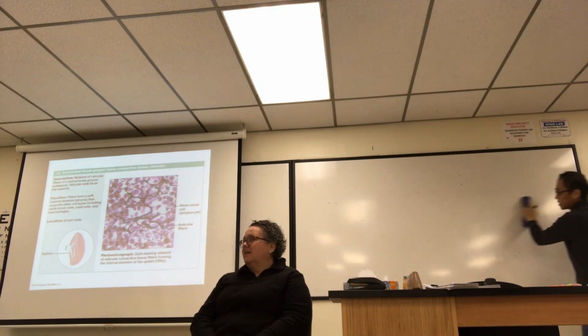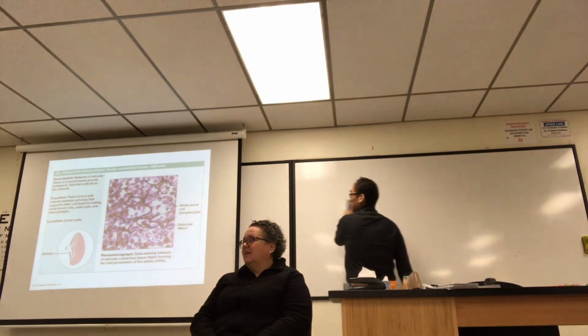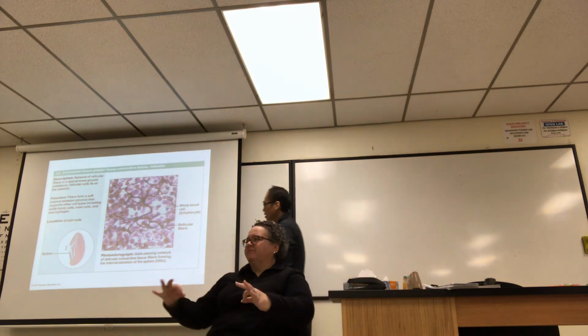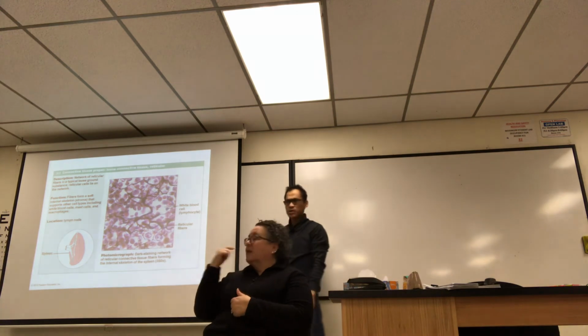All right, this loose CT is a reticular tissue. Look for those reticular fibers. They're very branchy and black looking. Reticular fibers. Reticular in anatomy means complex network.